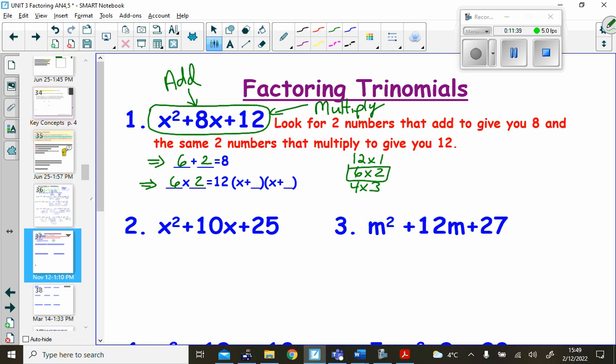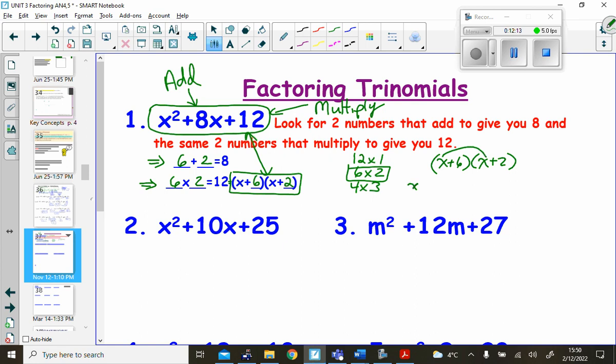So that means your answer, instead of x squared plus 8x plus 12, you can write that as x plus 6, x plus 2. This is exactly the same as that. And we could check it out to see. x plus 6, x plus 2, and do FOIL.